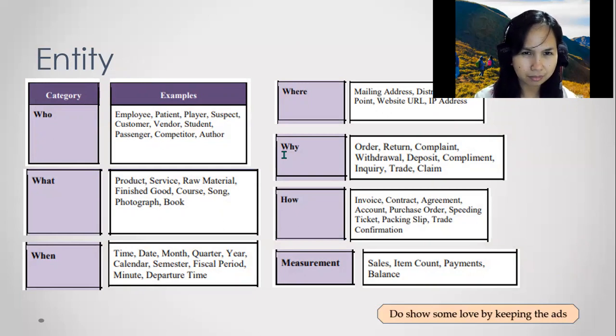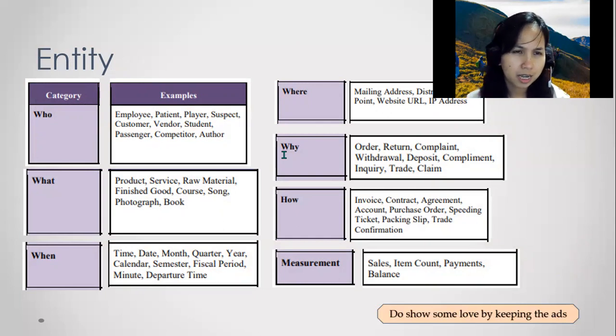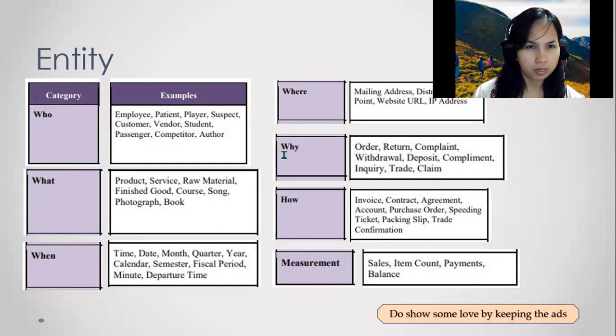Okay. Now, up to the next category, we have the what. By definition, what refers to the product or service of interest to the enterprise. It often refers to what the organization makes or what service it provides. So that is what is important to the business.